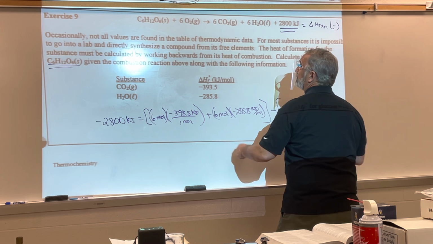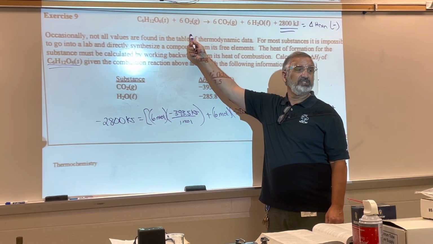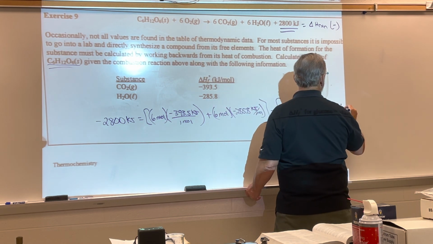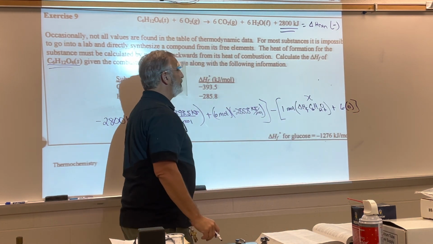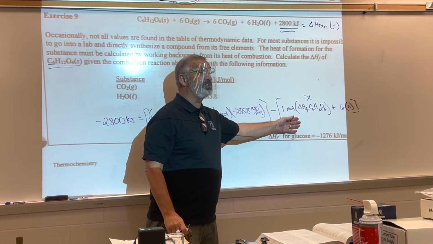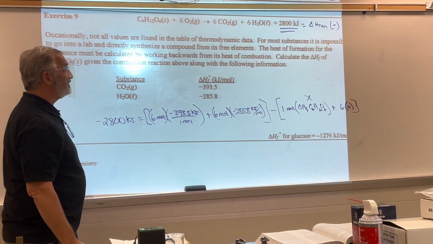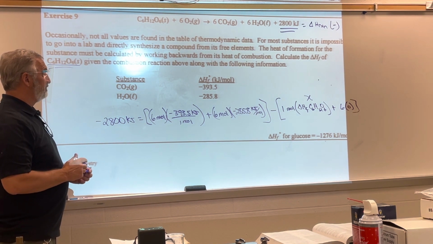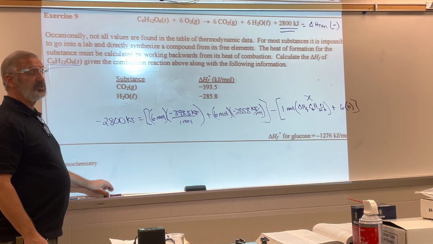Plus, this isn't given in the table either. What's the value of oxygen's heat of formation? 0. So it's plus 6 times 0, which obviously is a moot point. So really the whole reactant side is just my X. So now you just got to go through and do the math. Multiply it out, subtract it out, divide out, and solve for X.